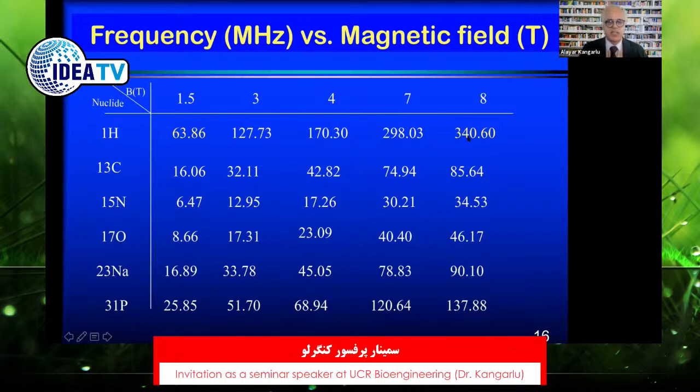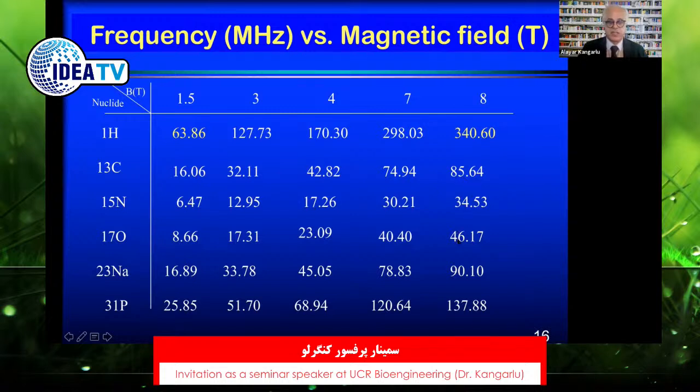In contrast, when we went to 8 Tesla, suddenly the operational frequency jumped to about 340 megahertz. And if you look at other less abundant elements in the human body, carbon-13, which had an operational frequency of 16 megahertz, suddenly at 8 Tesla its operational frequency becomes 85.